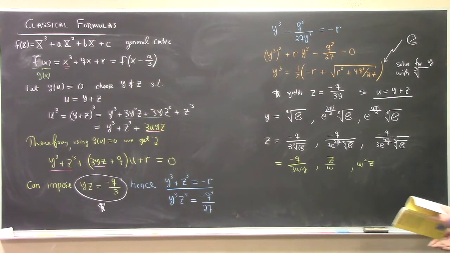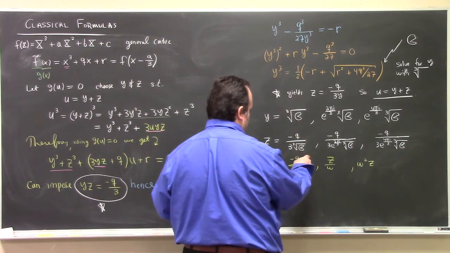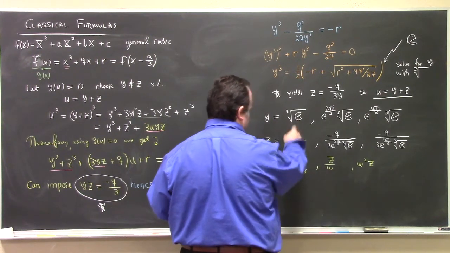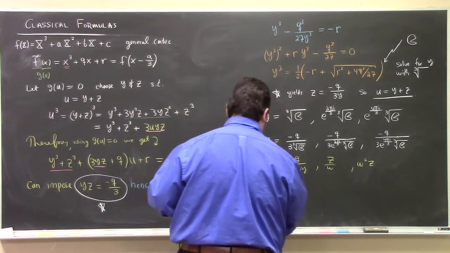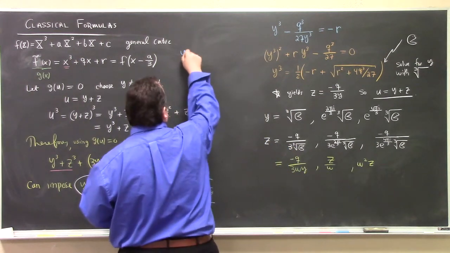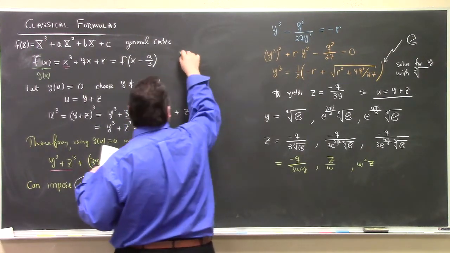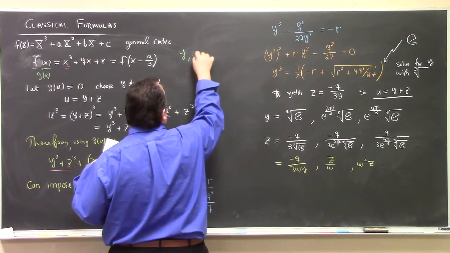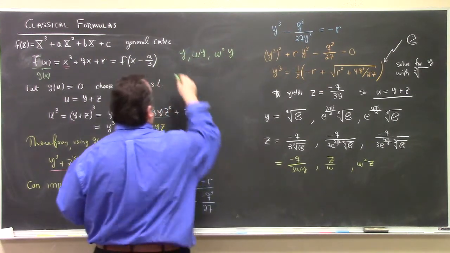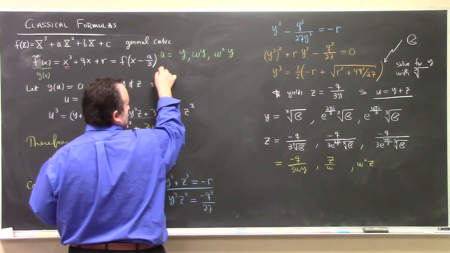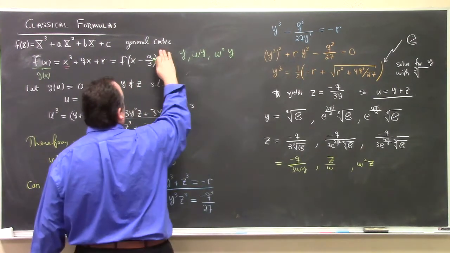All right, so you have to add this and that. No, fine. Let me just rewrite this a little bit. So you've got y. Let's say omega y, omega squared y. This is our u, and then our y, quote unquote y.